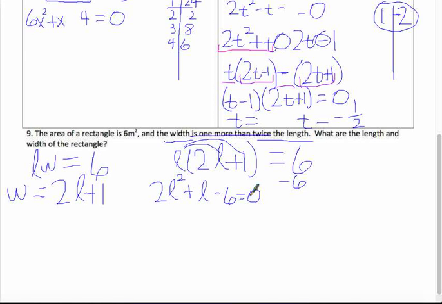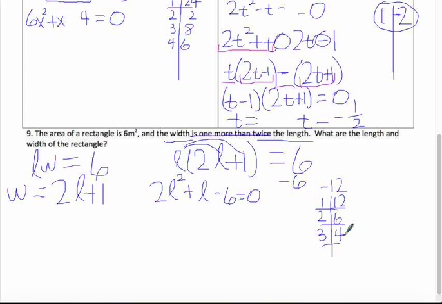Which means I need numbers that multiply to make negative 12 and add to make positive 1. So my factors of 12 would be 1, 12, 2, 6, 3, 4.